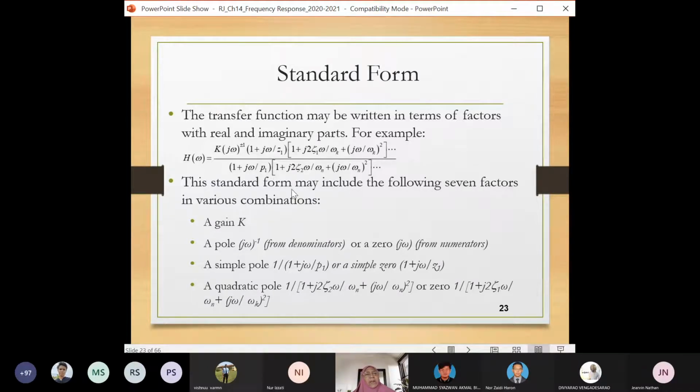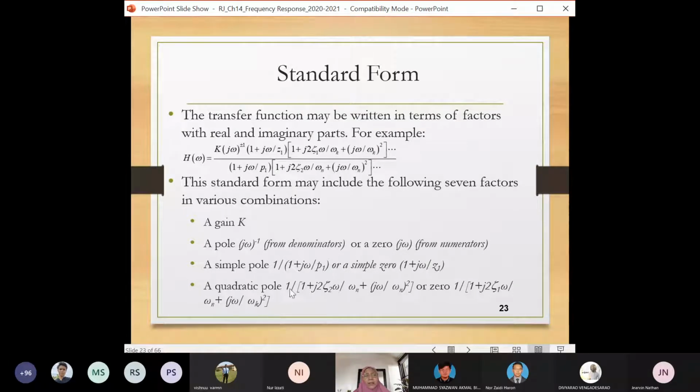Okay, and this standard form may include the following 7 factors in various combinations, where again K is the gain, a pole (jω)^-1. (jω)^-1 means at the bottom. A power of negative 1 is in the bottom of a fraction. A simple pole gives you 1 over 1 plus jω over P1, or a simple zero, 1 plus jω over Z1.